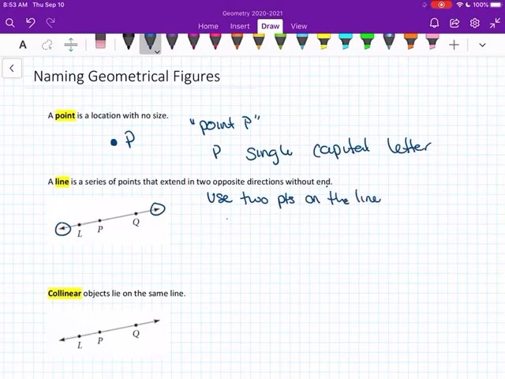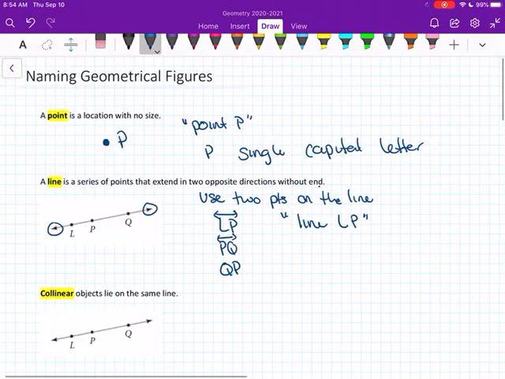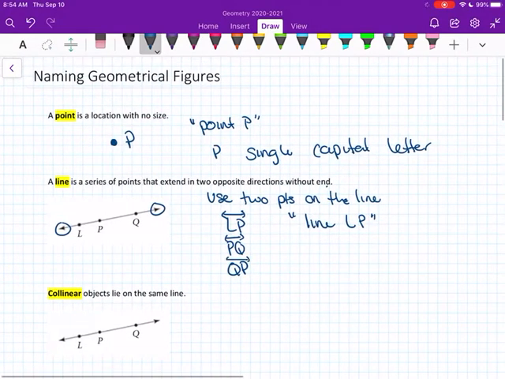When I do that, I can pick, let's say, L and P. Then over the top of it, I'm going to put a little mini line with 2 arrows. So I would read that as line LP. And I can pick 2 different points. So let's say I pick P and Q. Also, it doesn't matter the order of your points. So you could say QP if you wanted to. That is the same line.